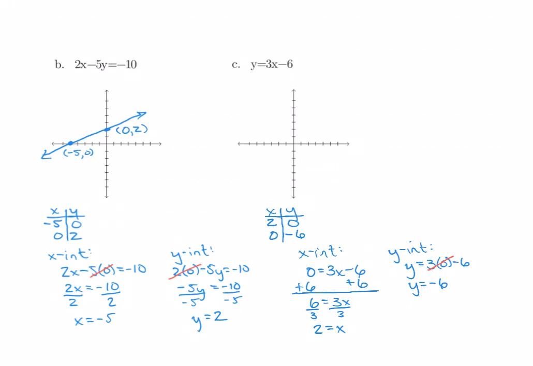All right, so if we go ahead and plot these, (2, 0) is 2 to the right on the x-axis. (0, -6) is 6 down on the y-axis. We draw our line, and we label.